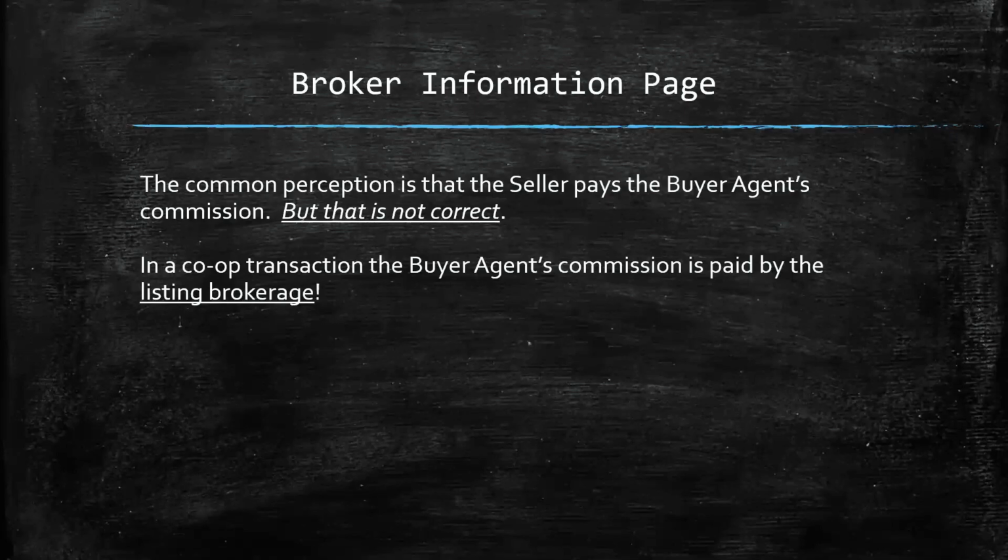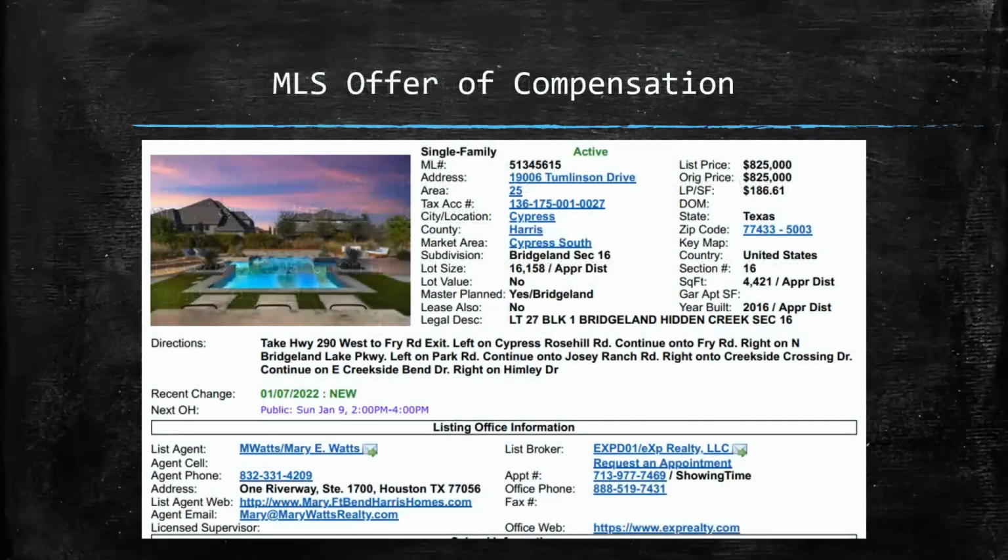That is actually how the buyer's brokerage gets paid. The listing brokerage agrees to share their listing commission. Okay, well, where does the listing brokerage make that offer? Where is that promise found? And that is where we look to the MLS offer of compensation.